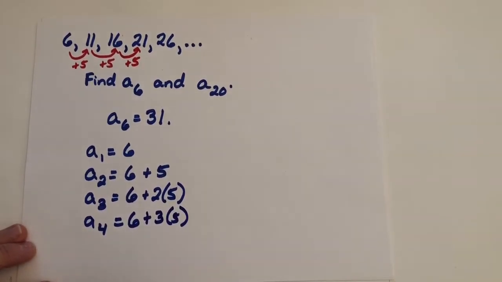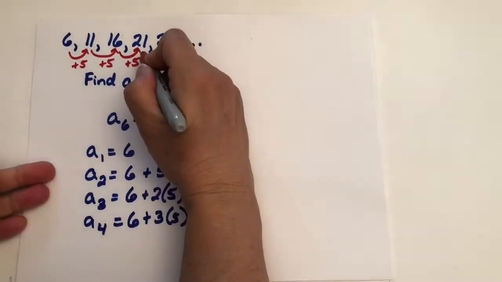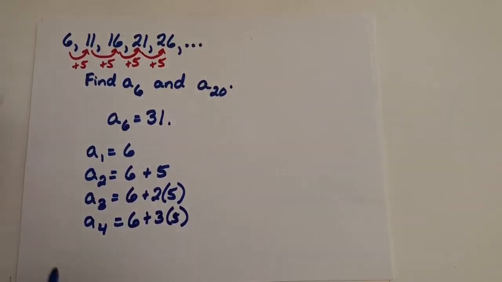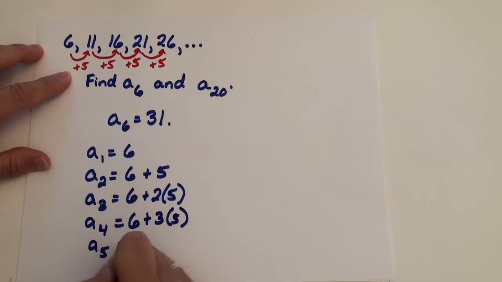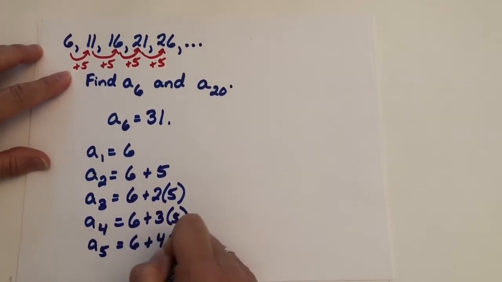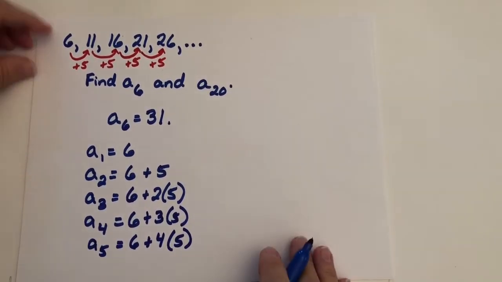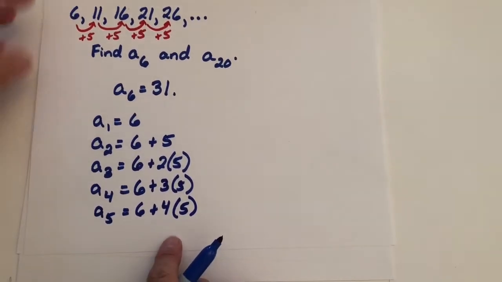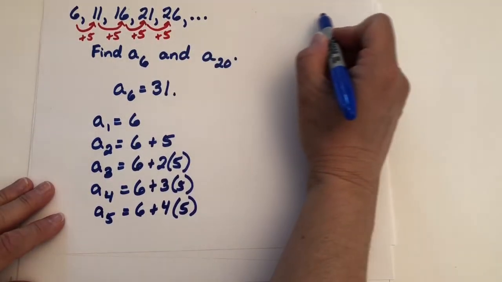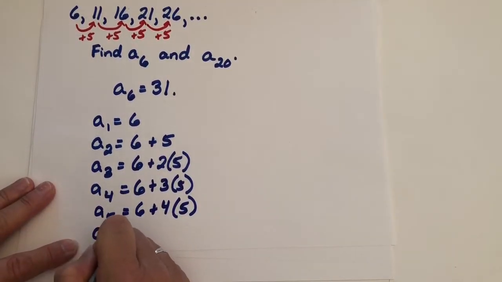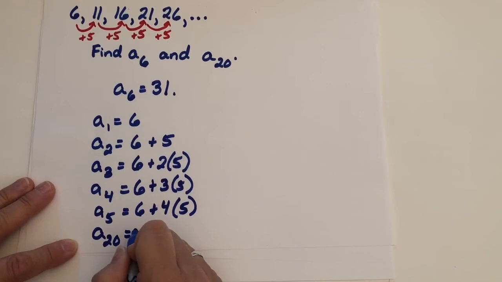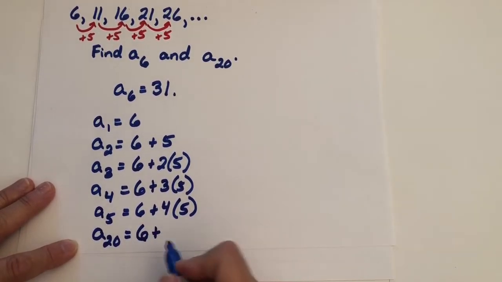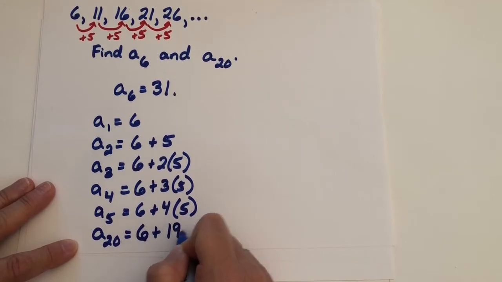And similarly, to get to the fifth term, I would add in 5 4 times. So conveniently, we have this nice pattern here. I hope you can envision what would happen if we went all the way out to the 20th term. For the 20th term, we would start with 6 and add in 5 19 times.